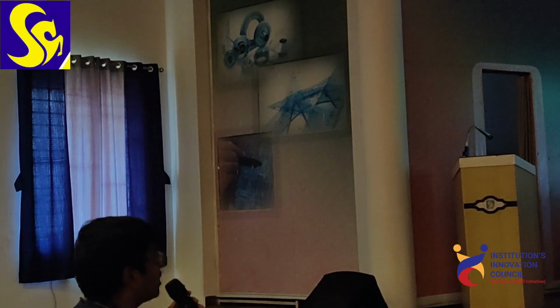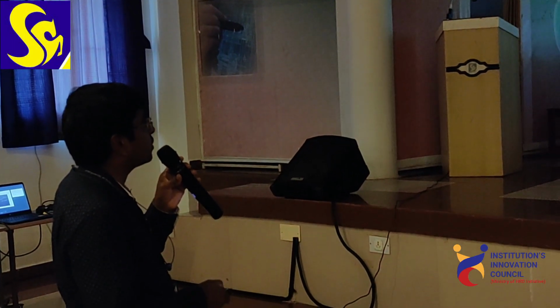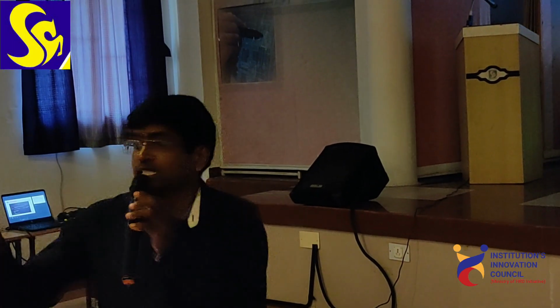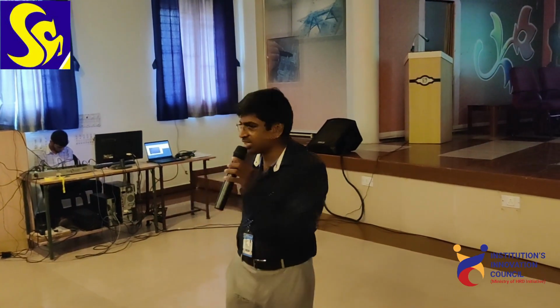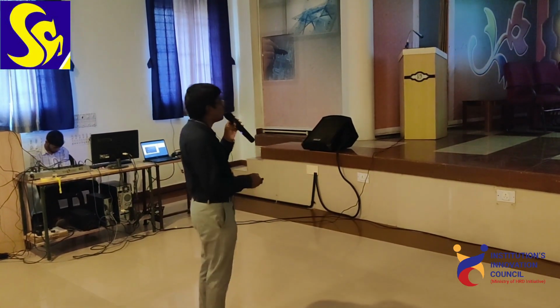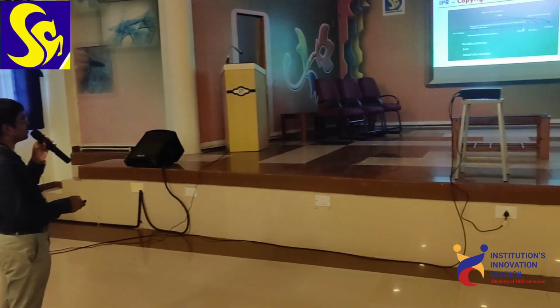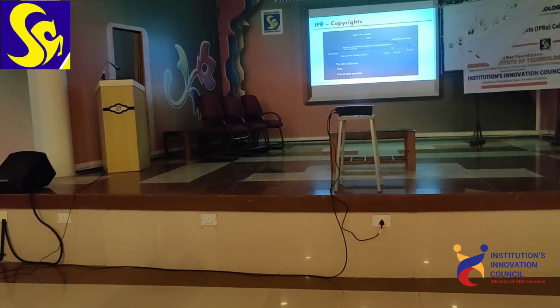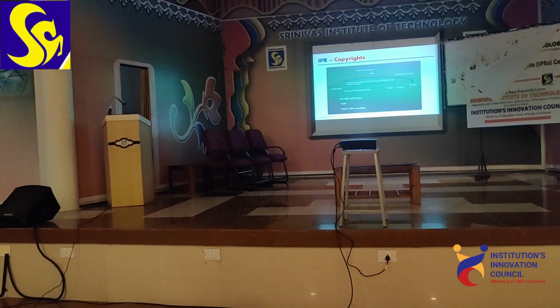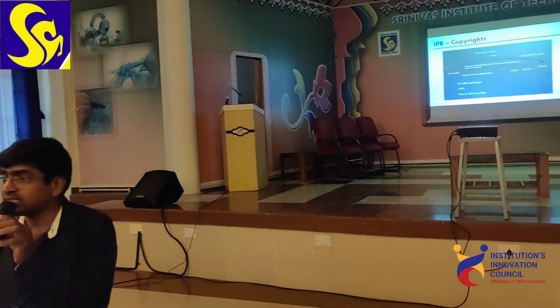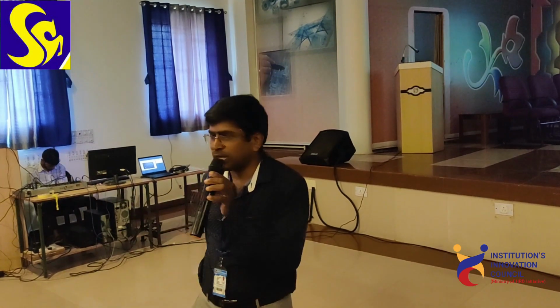In India it is valid up to 60 years from the date of your death. In most other countries it is 50 years from the date of the death of the author, and in the US it is 70 years.